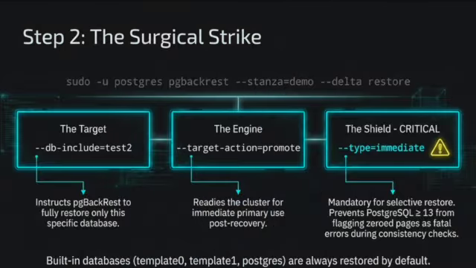Now you want to restore only the test2 database. You don't want to go with the entire thing because it's a demo, right? So we are going to instruct pgBackRest to use this particular option and mention test2 only, which means you are going to restore only that database from the overall backup, either a full backup or an incremental backup.